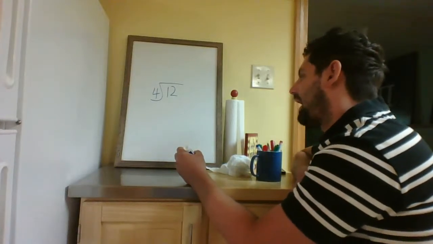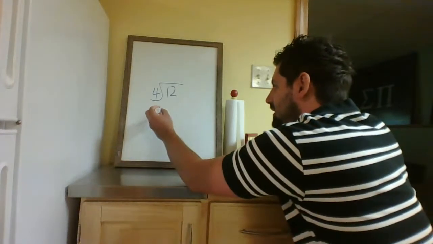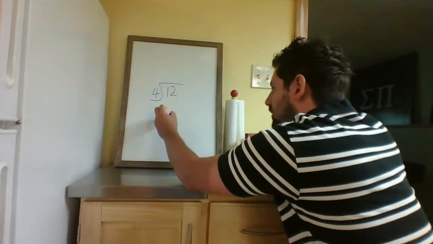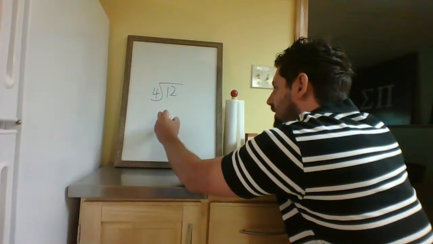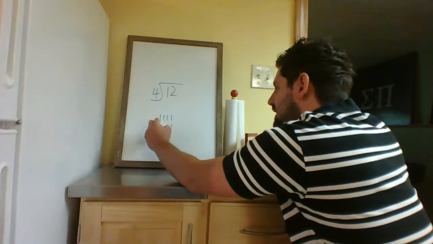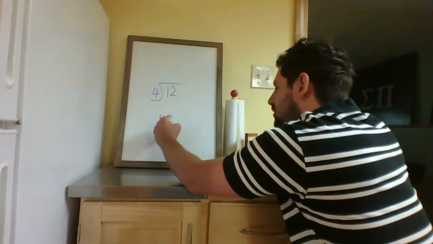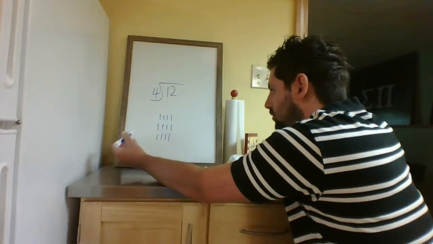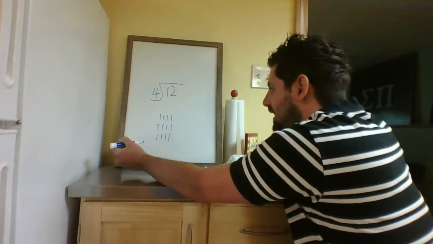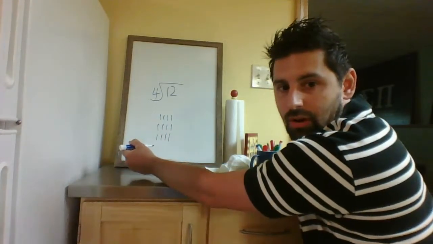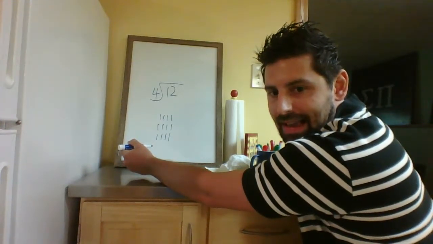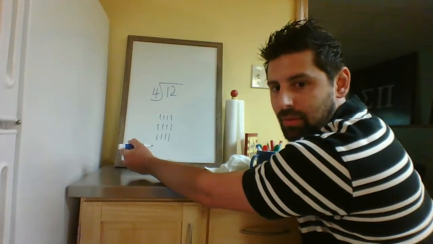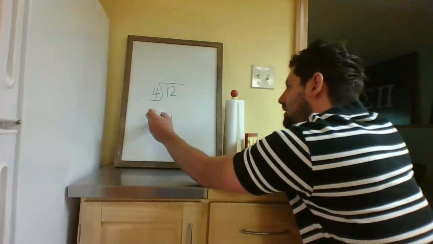So I'm going to make a total of 12 tallies. 1, 2, 3, 4, 5, 6, 7, 8, 9, 10, 11, 12. So I have 12 total tallies. And I'm going to draw a circle around every 4 tallies. I'm going to see how many groups of 4 can I get? How many circles can I get out of the 12?